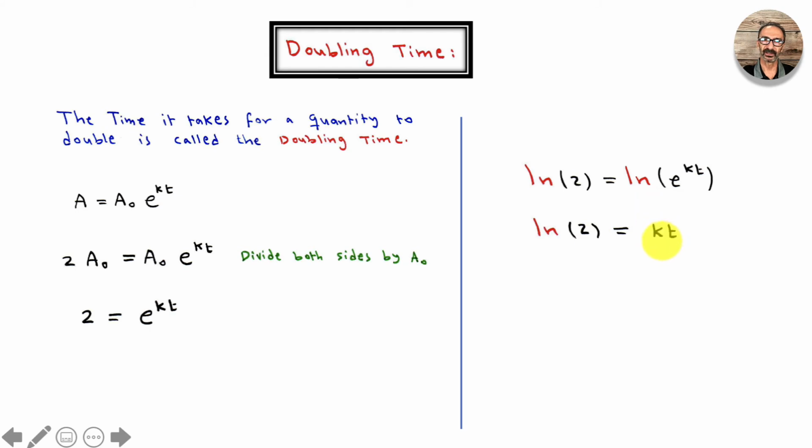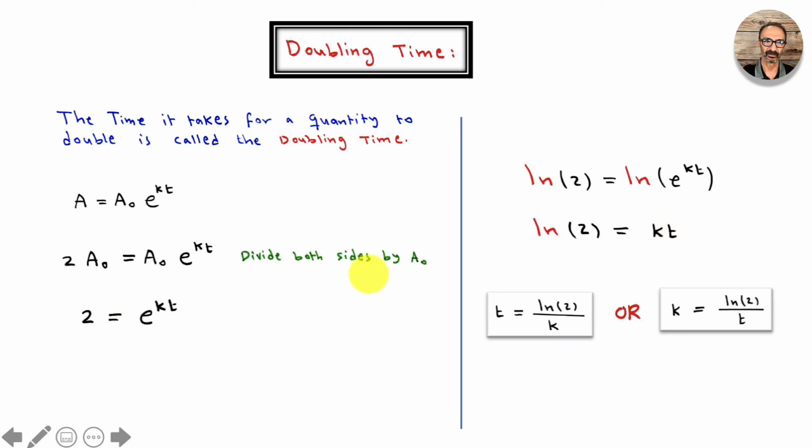Solve for t, divide by k, or you could solve for k and divide by t, either way. So doubling is always the same. T equals ln 2 over k, or k equals ln 2 over t. If doubling time is 1, this is going to end up ln 2 by itself.